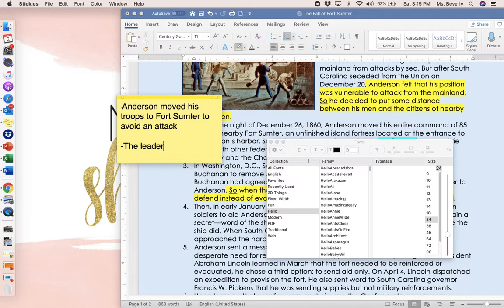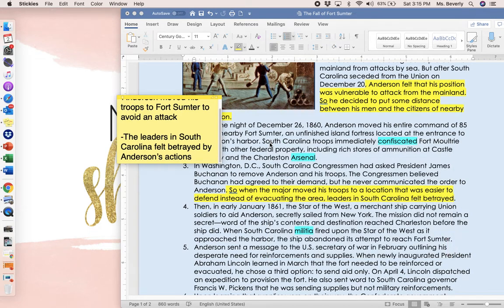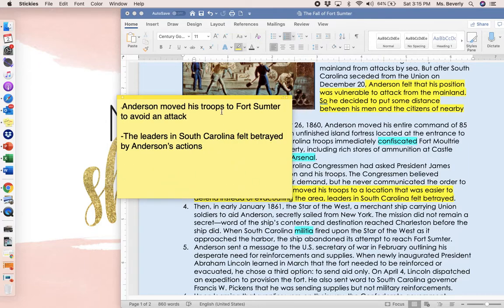The leaders in South Carolina felt betrayed by Anderson's actions. That's the gist of what we read. So go ahead and copy these notes down. That's our first gist for this portion of the text.